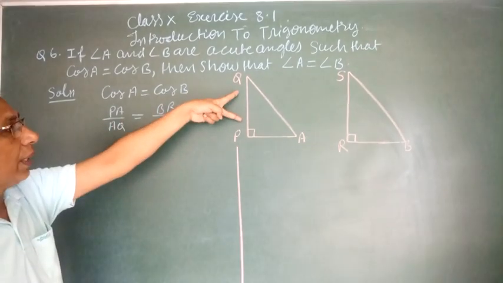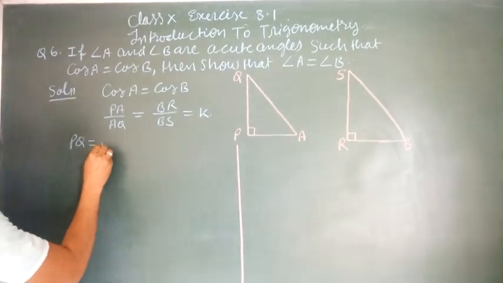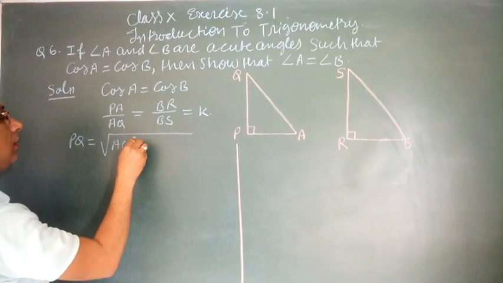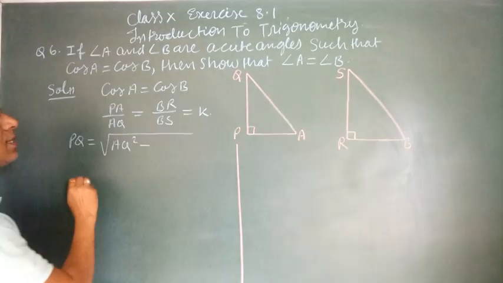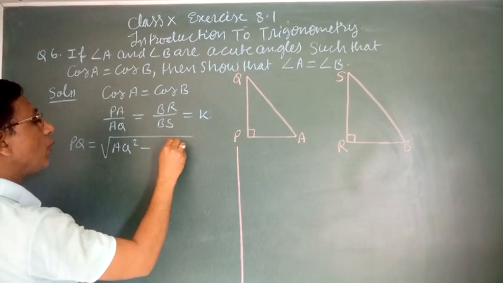That is, we have to find out first PQ. So for that, PQ is equal to under root of AQ square minus AP square.